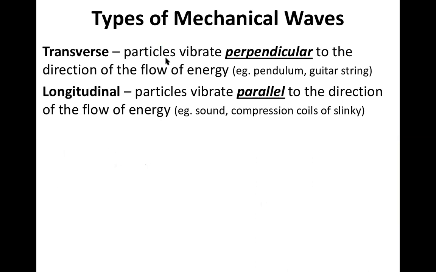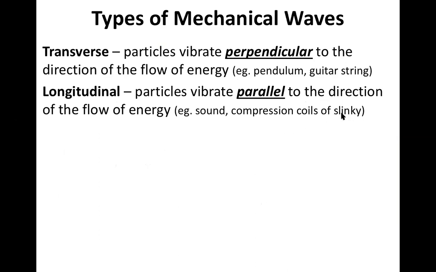Let's talk about different types of waves. We have a transverse wave where the particles vibrate perpendicular, that's 90 degrees, to the direction of flow of energy. So that's like your Slinky, where we're moving it up and down, and it's horizontally transferring the energy down the length of the Slinky. Longitudinal is another type of wave where the particles vibrate parallel to the flow of energy.